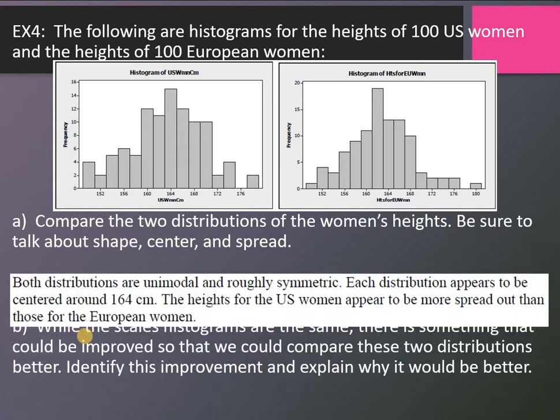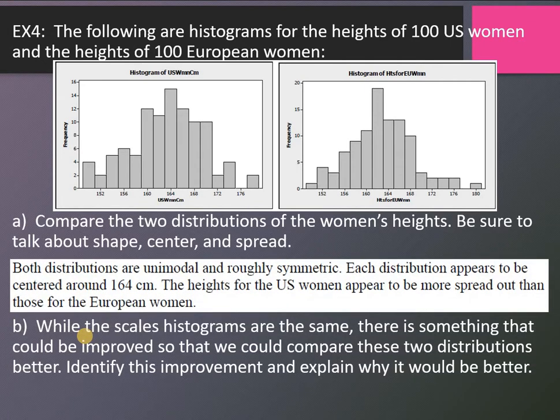So I would actually say that the European women, this is saying the heights for the US are more spread out. I would have flipped that. Am I missing something? Okay, so I think that's backwards.